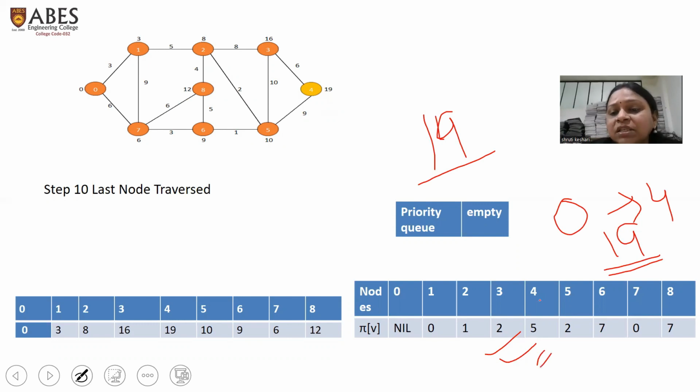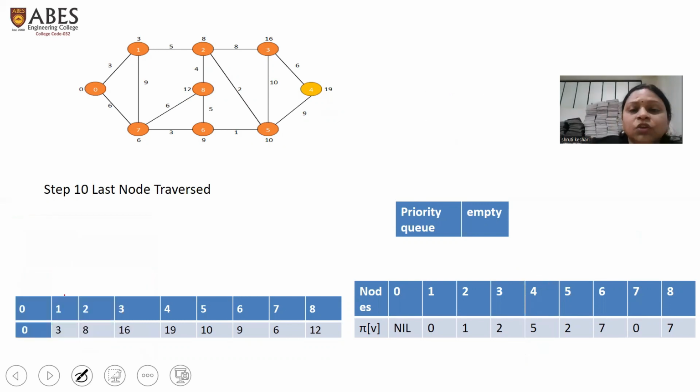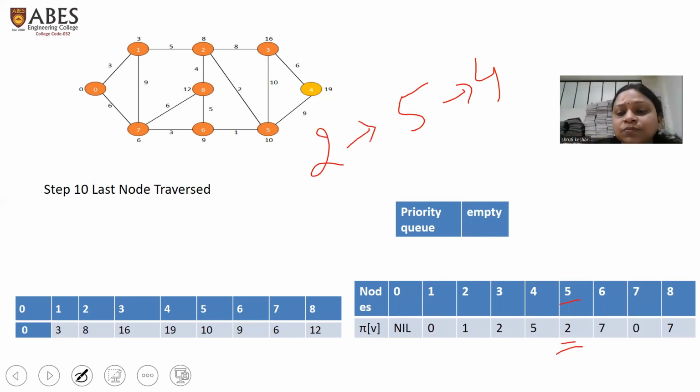Here you can see that for reaching 4, you are accessing node 5. It means you are getting the 4 value from 5. Go for the 5. What is the parent value of 5? You are reaching 5 from 2.